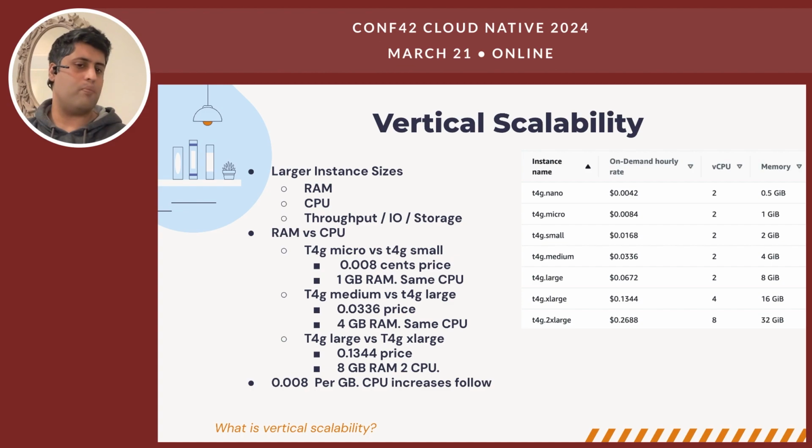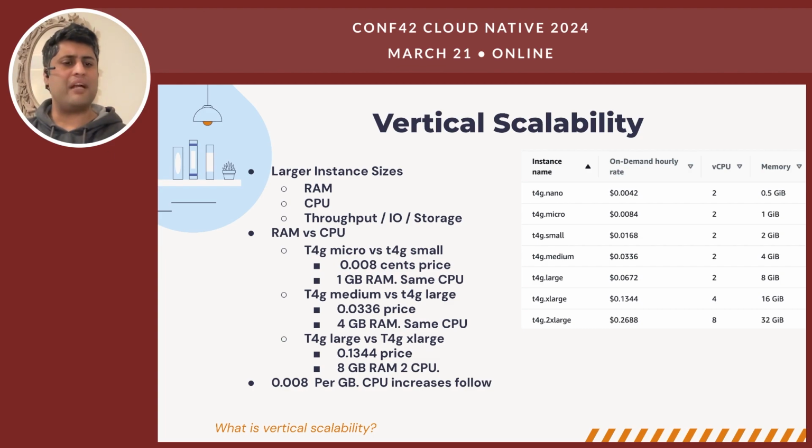Now for 0.0168 cents, you get the same number of vCPU, but you get 2 gigabytes of RAM. 0.0336 gets you 4 gigabytes of RAM. So you can see that for each gigabyte increase, you're spending approximately 0.008 cents per hour.